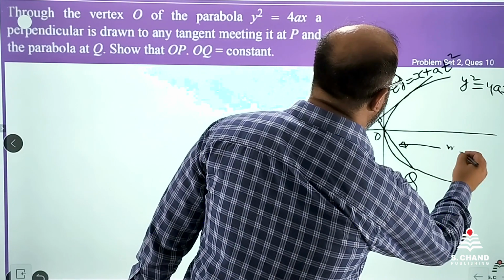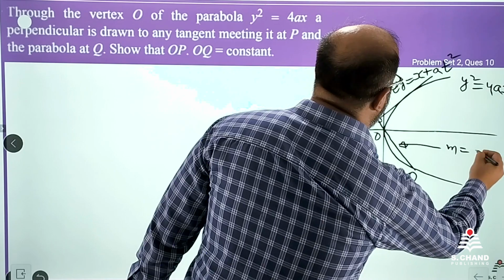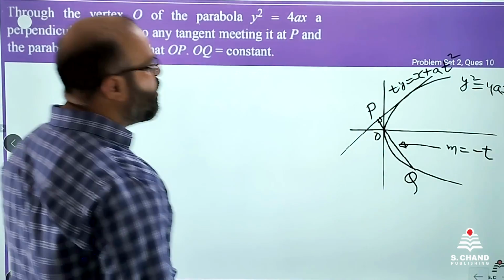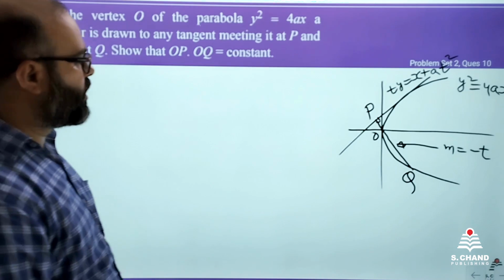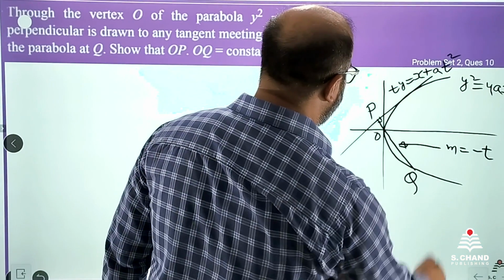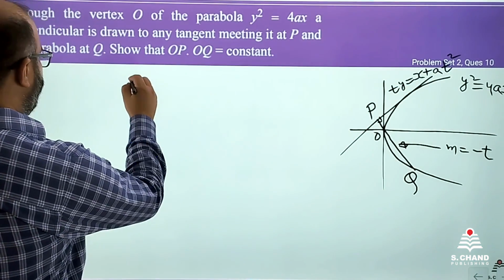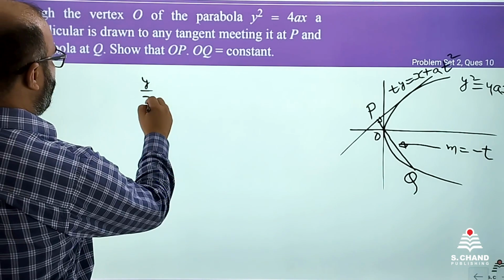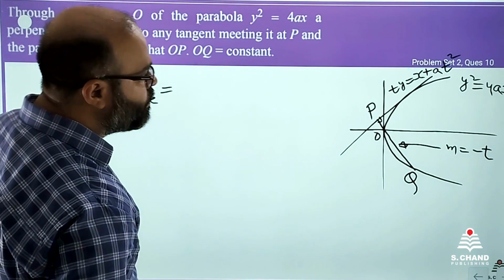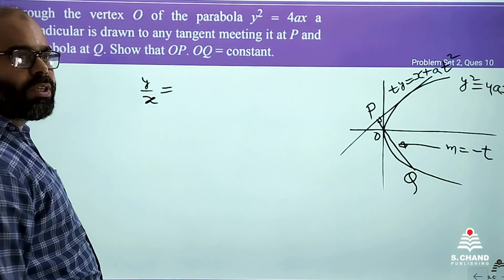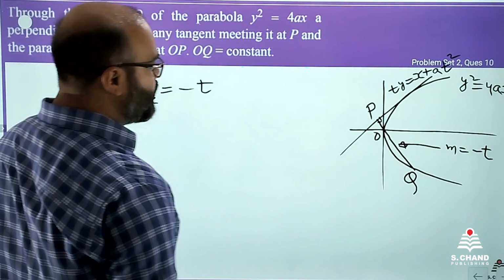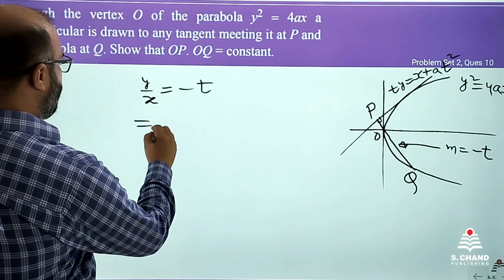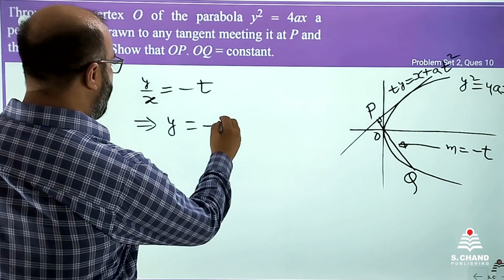This slope will be -t, just the reciprocal and negative of the slope of the tangent. Now we can find this equation. As it is passing through the origin, y/x is equal to the slope, which is -t. So this will become y = -tx.